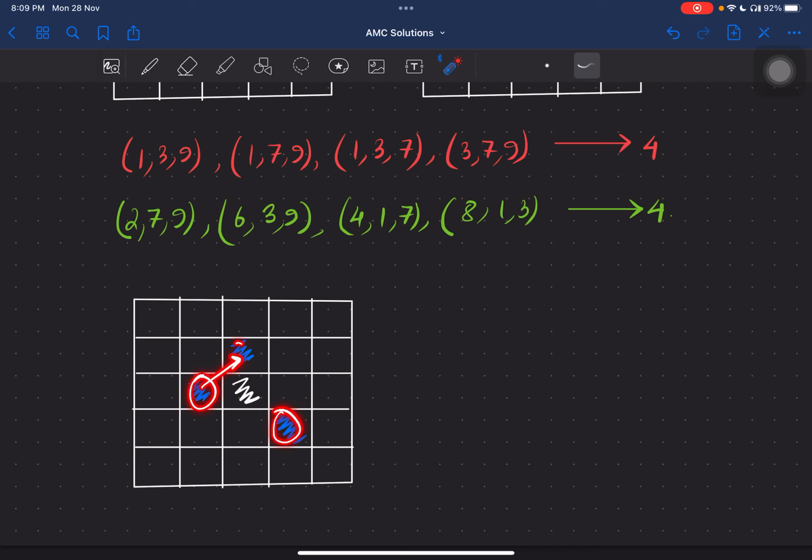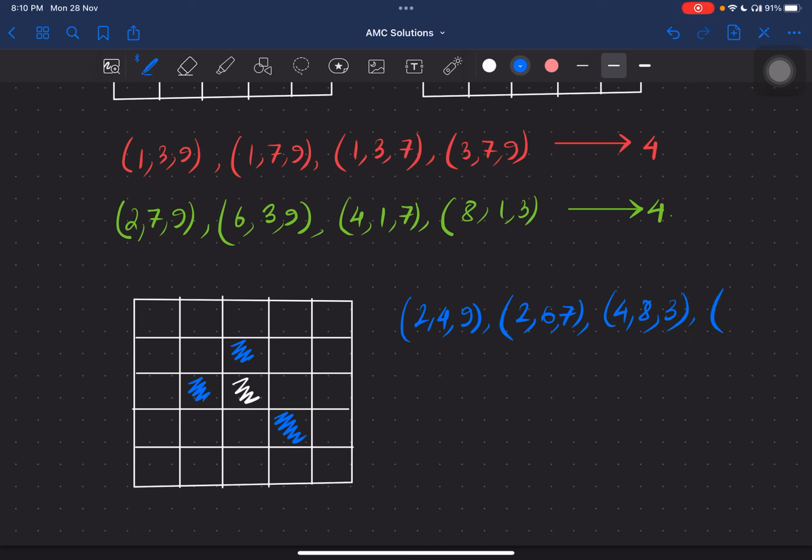This has only one neighbor, this has also one neighbor, so it does not survive. So this type of thing we have how many? 2, 4, 9, 2, 6, 7, 4, 8, 3, and 6, 8, 1. So these are four cases.